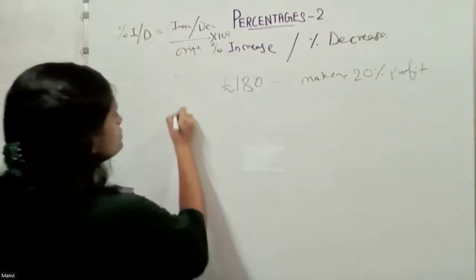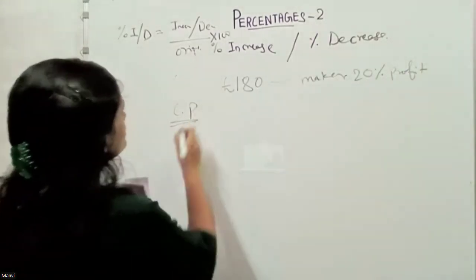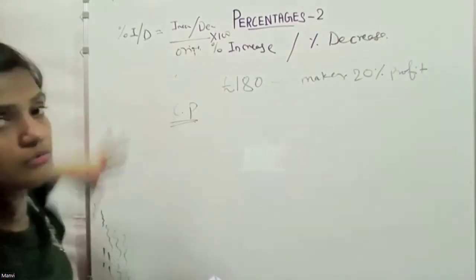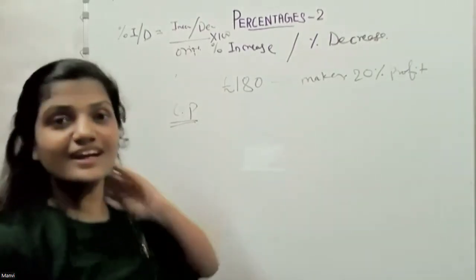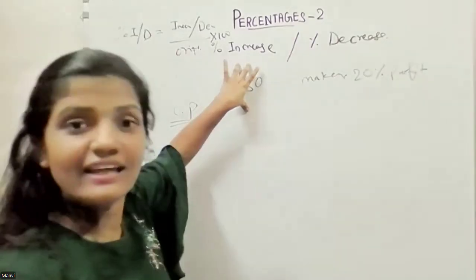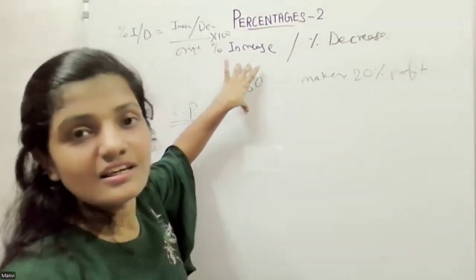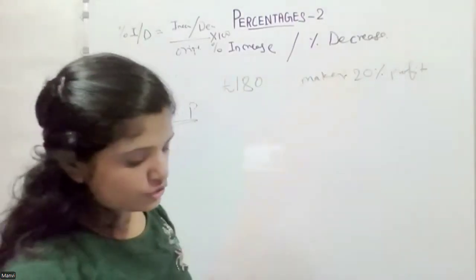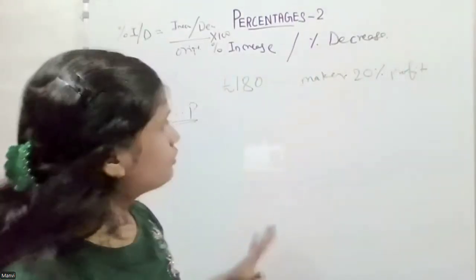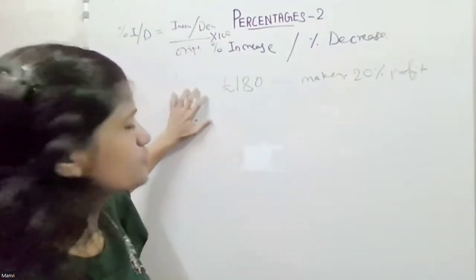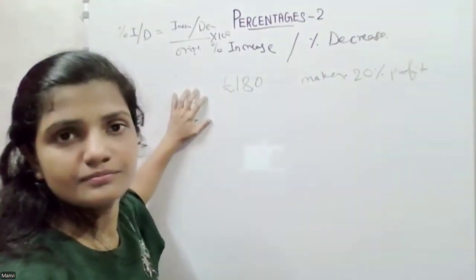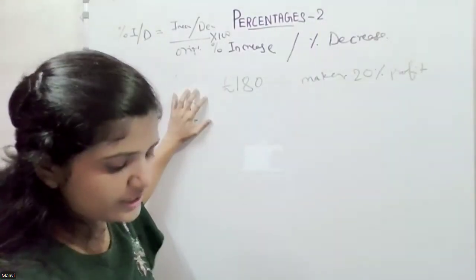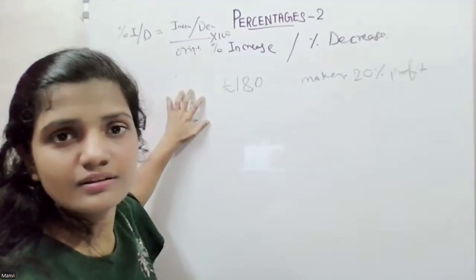They're asking about the cost price, which means we need to find the original amount now. They give the final value, and they also tell us what percentage profit he makes. So always assume the cost price is 100%.